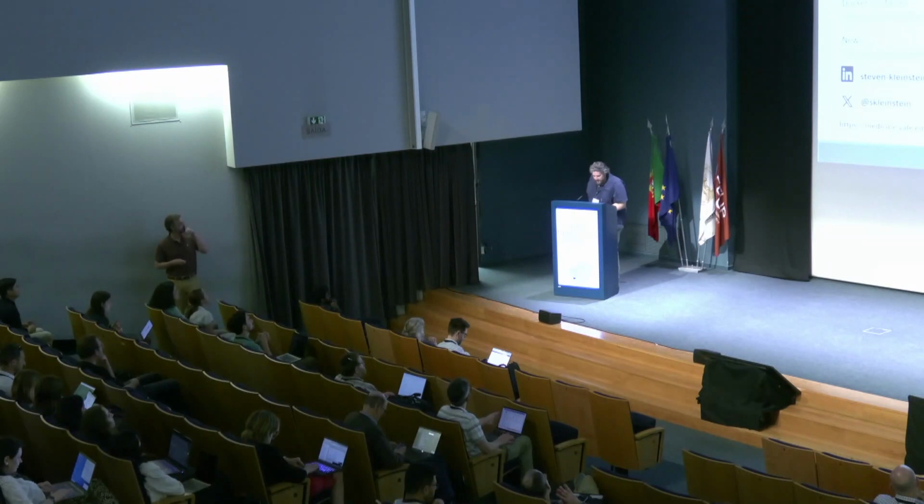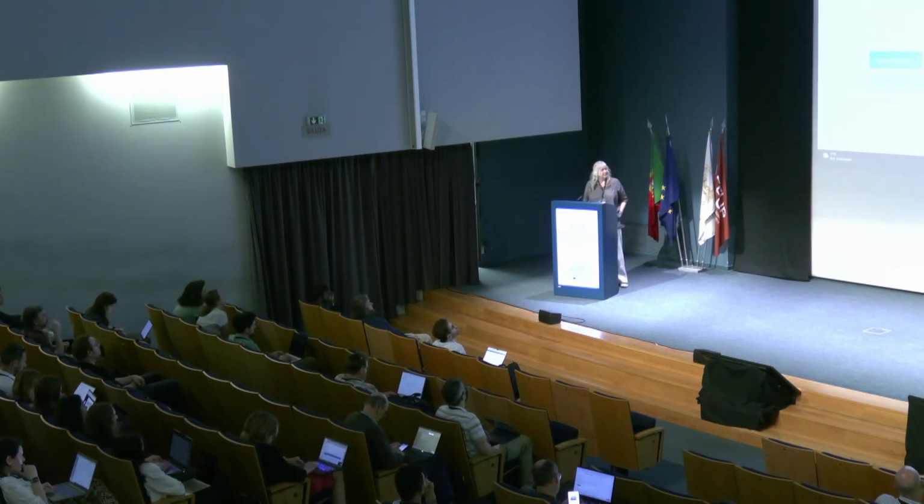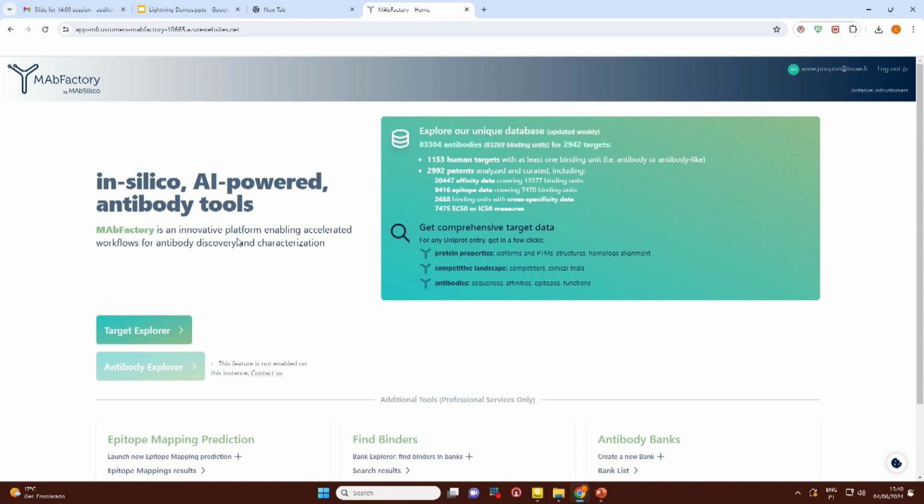Right, and next we have Anne with mAb Factory. So, hello everyone. mAb Factory is a database we have developed with features we think are essential when you are developing antibodies and you want to know what the others are doing on the same target.